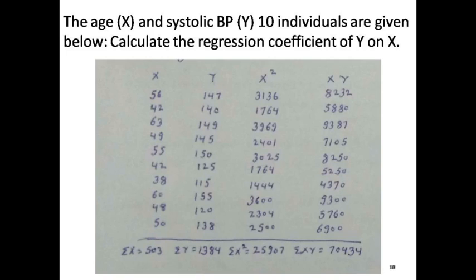The age and systolic blood pressure for 10 individuals are given. Variable x is for age, and variable y is for systolic blood pressure for the 10 individuals.